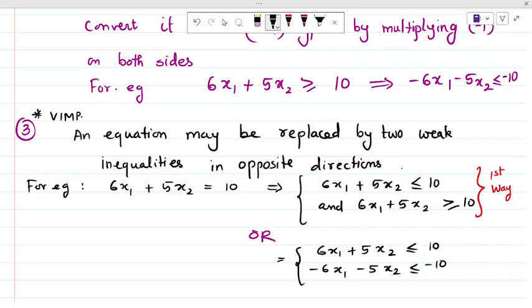That's another way around. So it depends on how we replace it. Here is the second way.